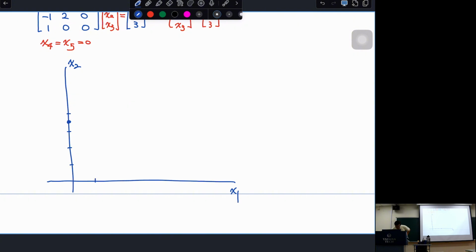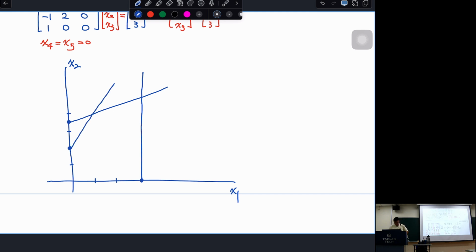And the slope is like this, like this. 3 and 5, or 3 and 5. So probably here. And the other one will be somewhere here. And like this. Okay.